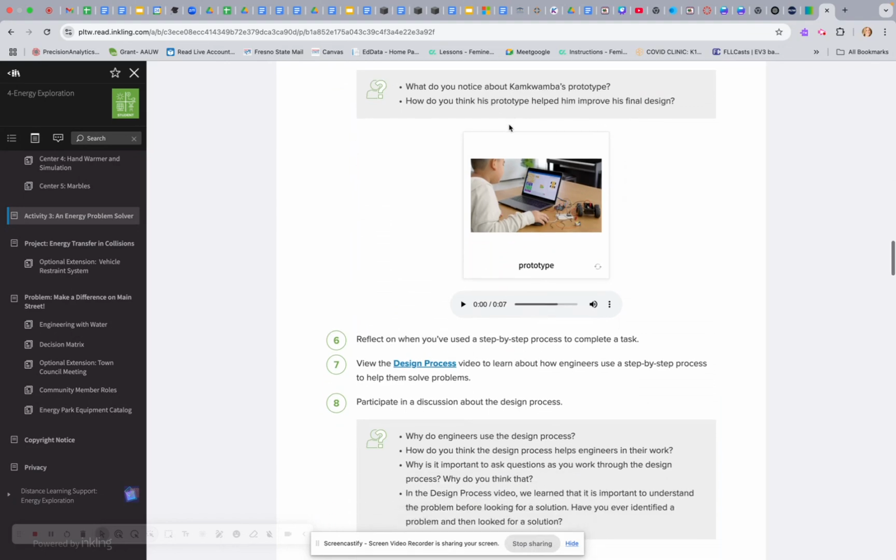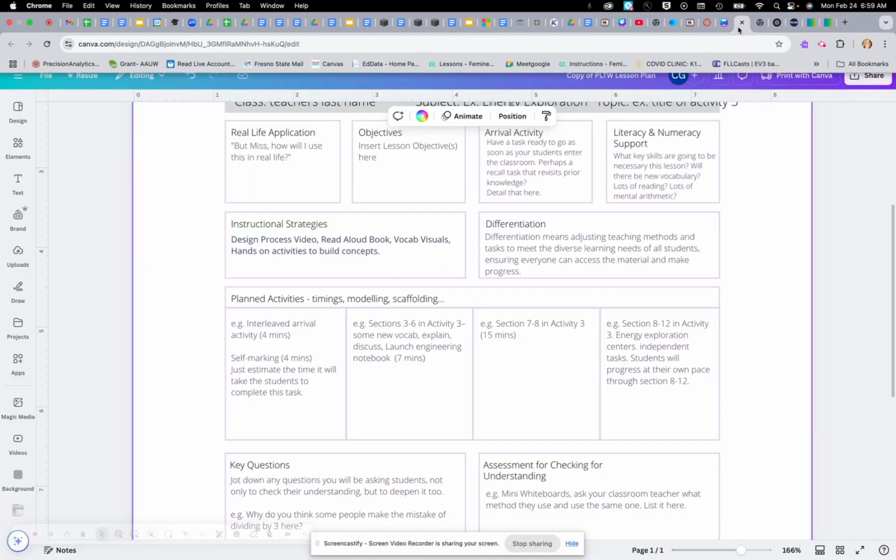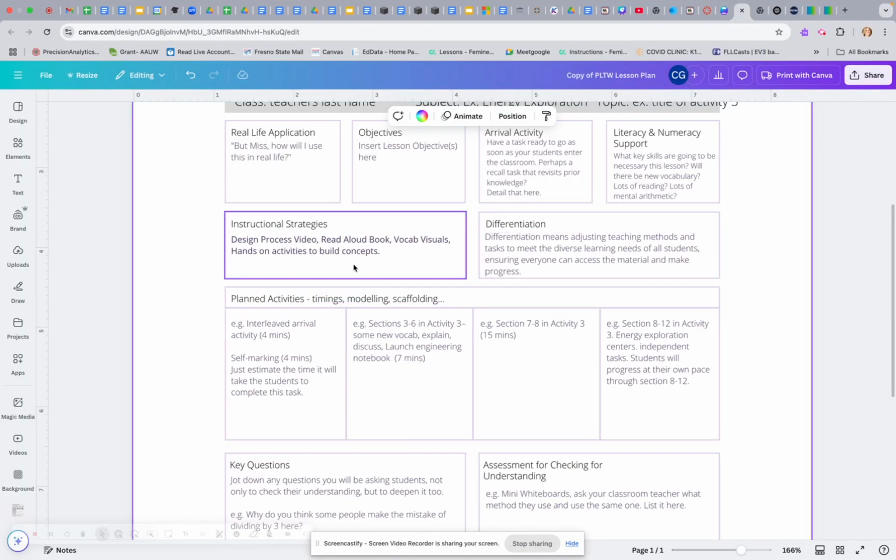So that was kind of a lot. So if I'm looking back here, I could put all of these things that I have as examples for you. And then differentiation. This is where, what are you doing? Adjusting your teaching methods and tasks to meet the diverse learning needs of all students, ensuring everyone can access the material and make progress.